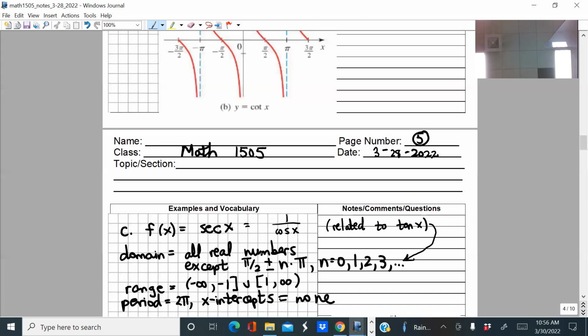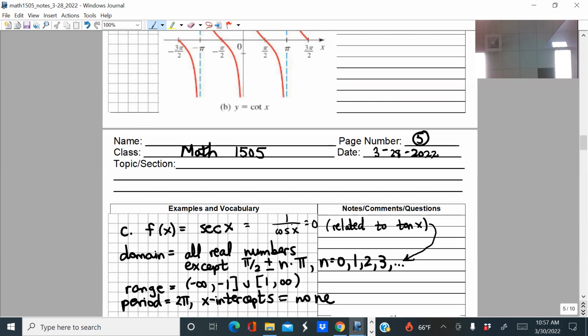Fortunately for the secant function, you don't get any x-intercepts. So the secant function never crosses the x-axis. Why is that the case? Because to have an x-intercept, this formula would have to be equal to 0. But to make a fraction equal 0, what has to be 0 in the fraction?